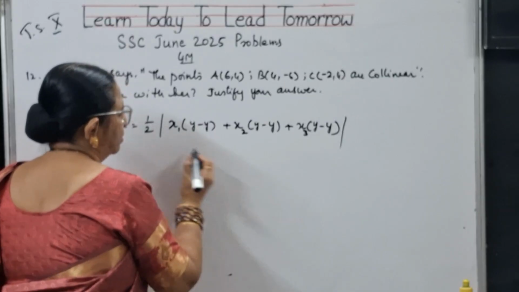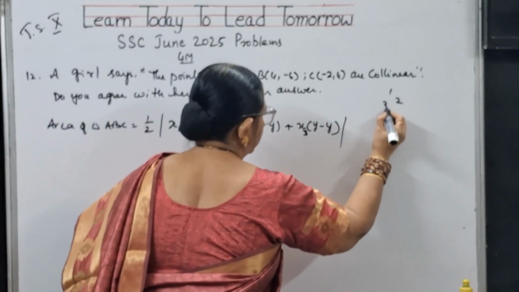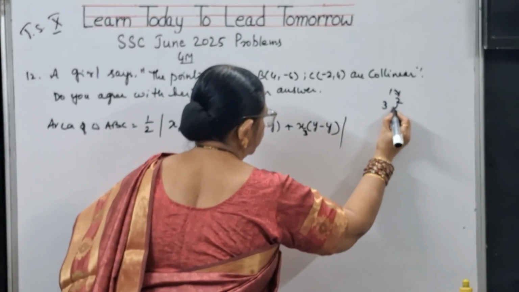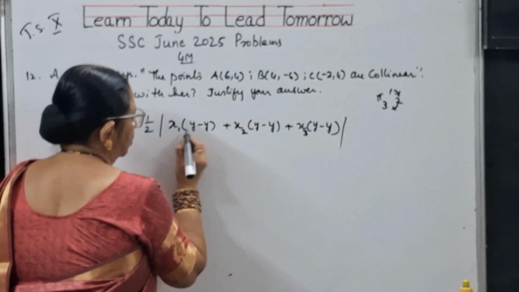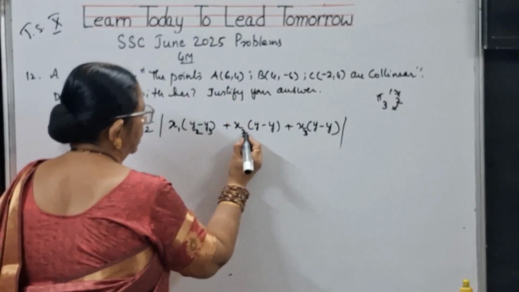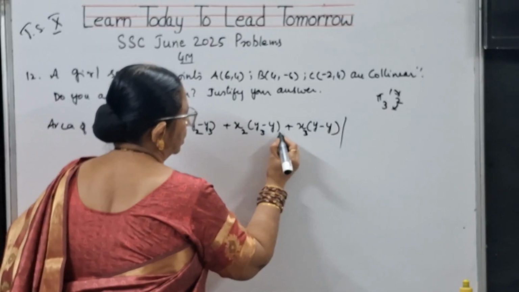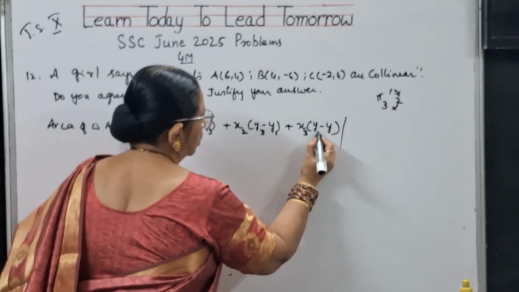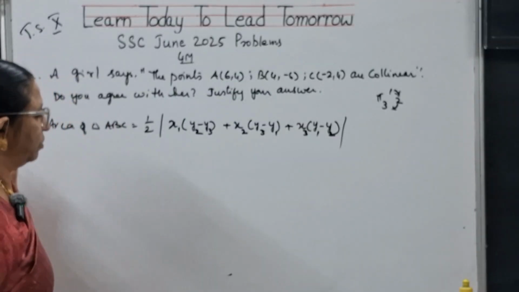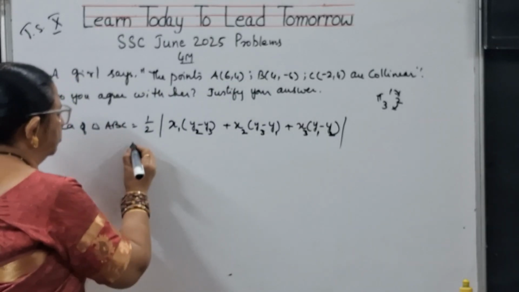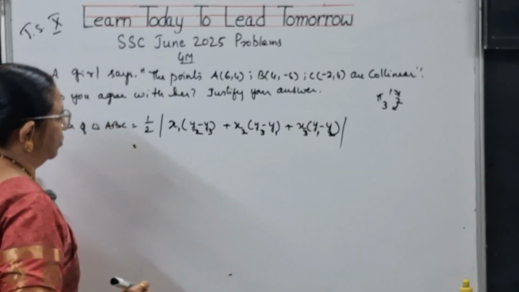And in a cyclic way, see, 1, 2, 3. After 1 it goes to 2, after 2, 3, after 3 again 1. So 1 I have got, so I should write 2 and 3. 2 I have got, so I should write 3 and 1. 3 I have got, so I should write 1 and 2. That's all. See how easily you will be getting the formula.